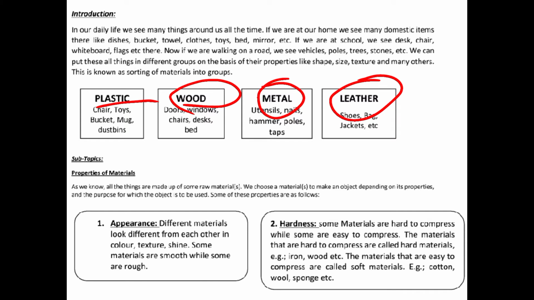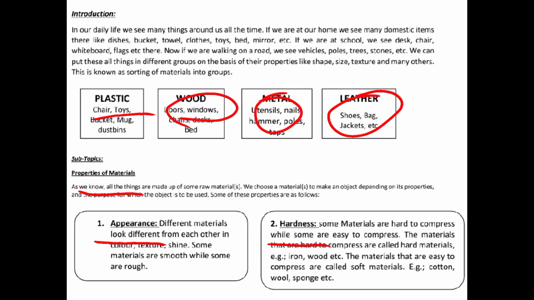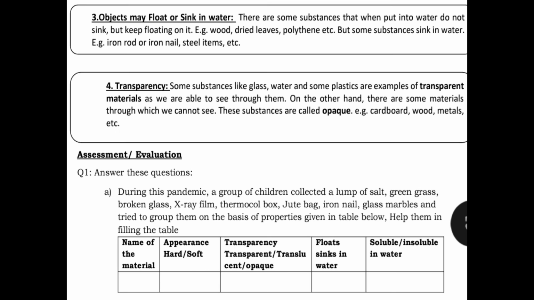We also talked about various properties of materials, just like appearance, hardness. Then there is another property, that some objects may float or some others may sink in water. Transparency is another, and there is another property whether the material is soluble or insoluble.